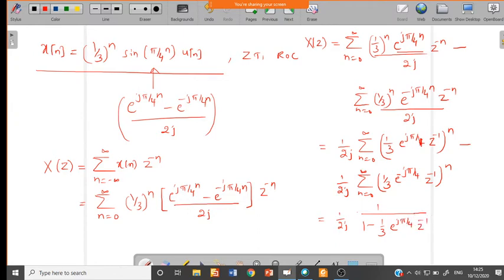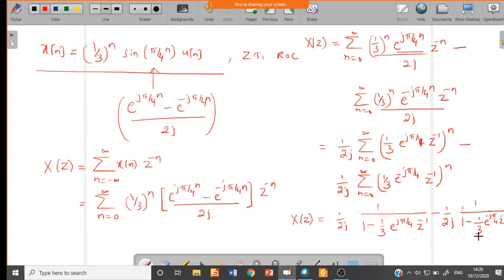This is the first term, and similarly the second term is 1 over 2j into 1 over (1 minus (1/3) e^(-jπ/4) z^(-1)). Okay, so this is your X(z).